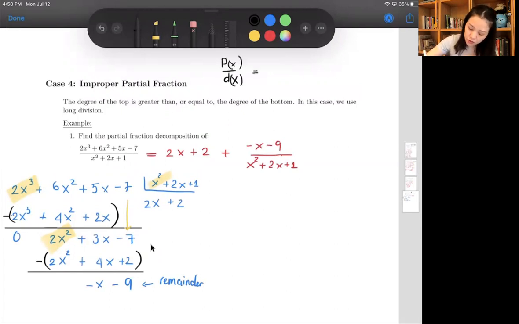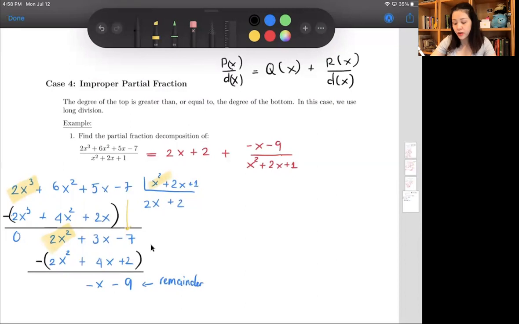It's going to be equal to q of x, which is your quotient, plus r of x, the remainder, over the divisor, d of x. So the quotient here is 2x plus 2, the remainder is negative x minus 9, and the divisor is x squared plus 2x plus 1.